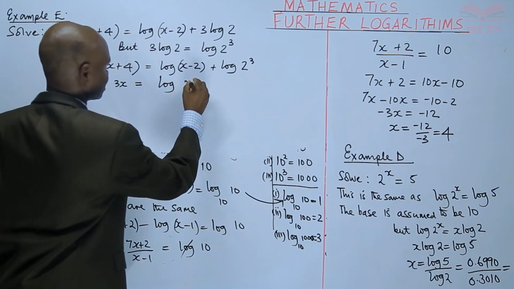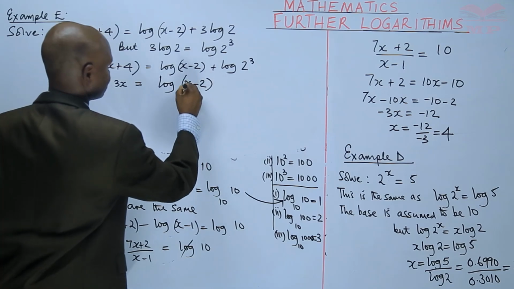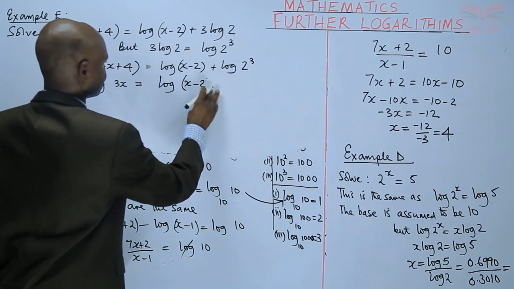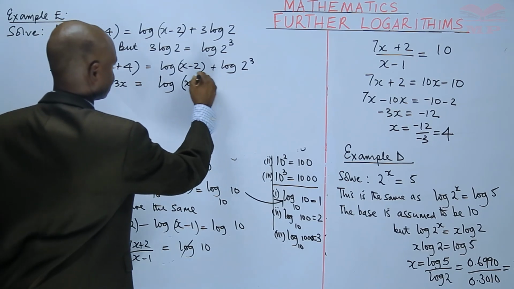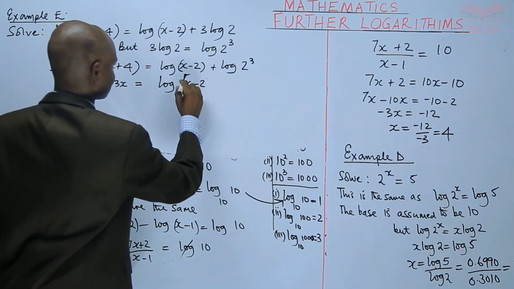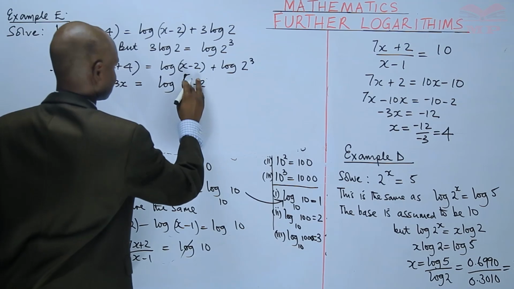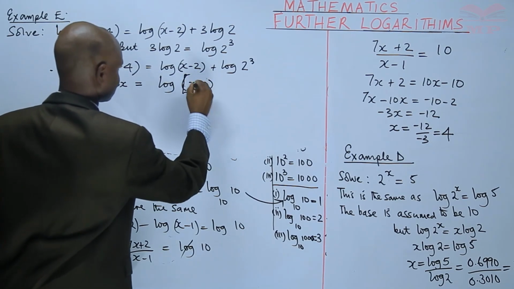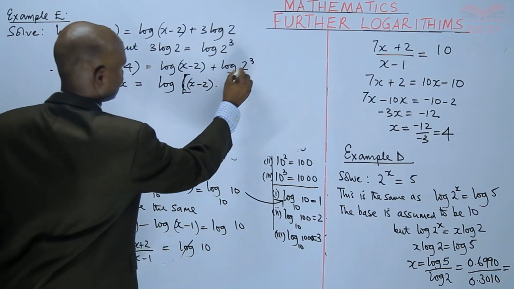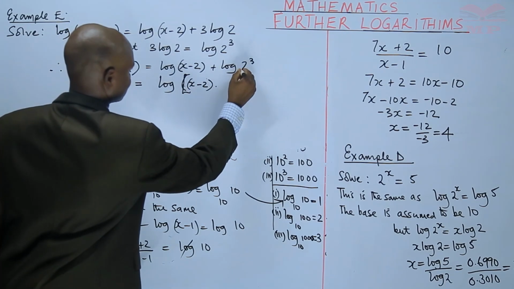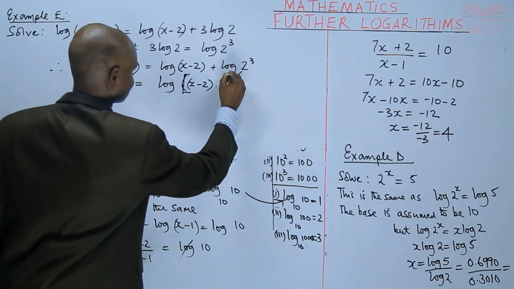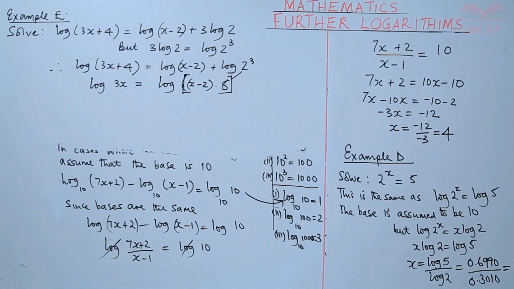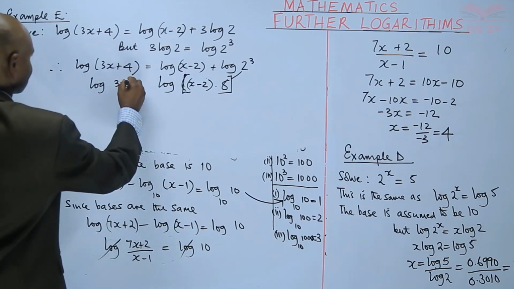So it will be x minus 2 times 8, in a big bracket. This 2 cubed will come to 8.